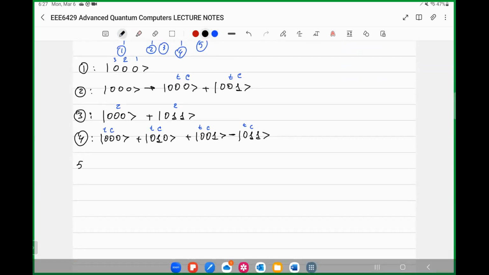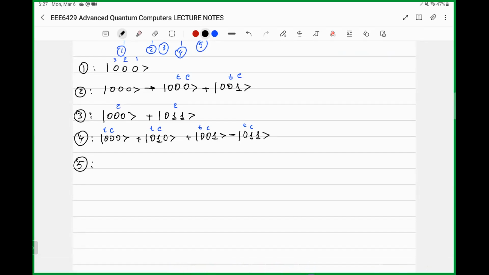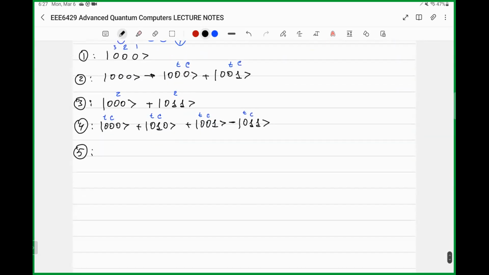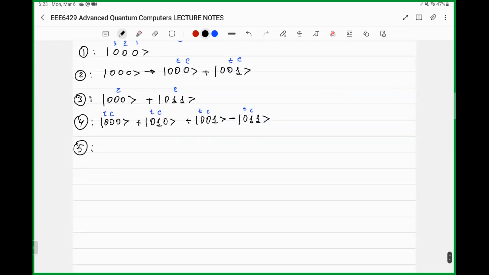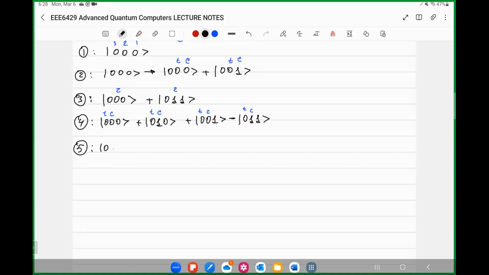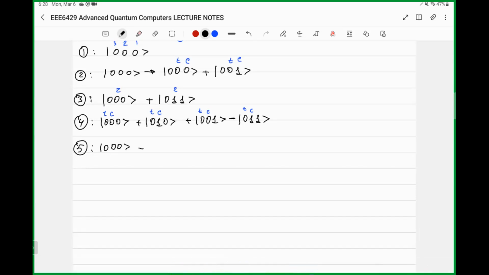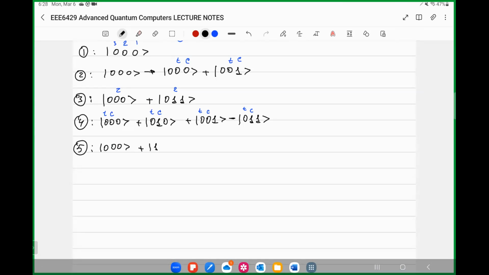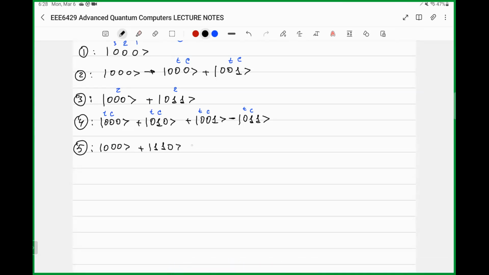So the state 5, which is actually the result of this problem, will be, this is the control is 0, so it doesn't change, plus control is 1, so I flip the target, 1, 1, 0, plus control 0, leave unchanged, minus flip the target, 1, 1, 1.